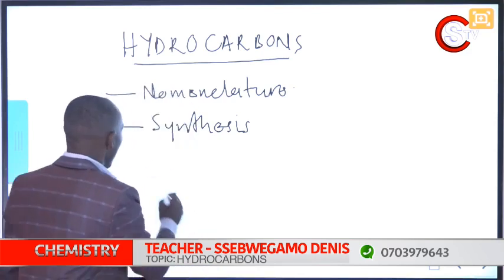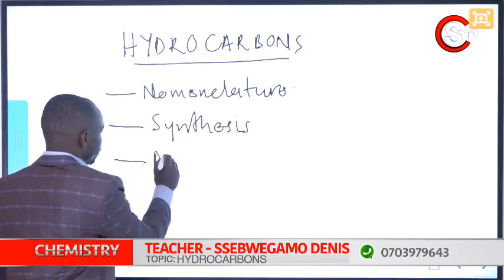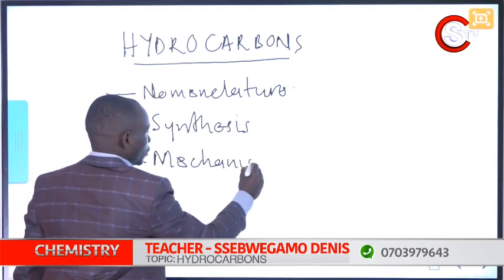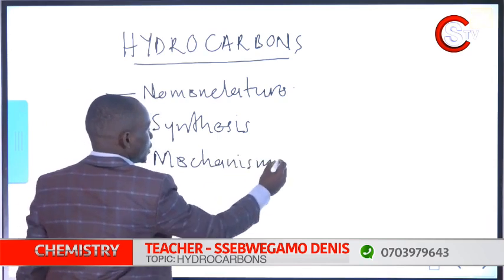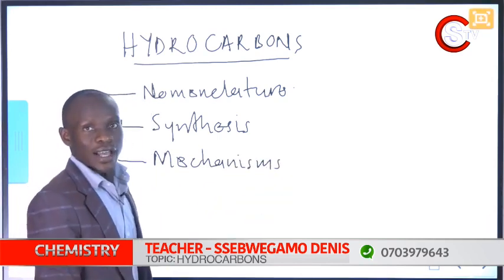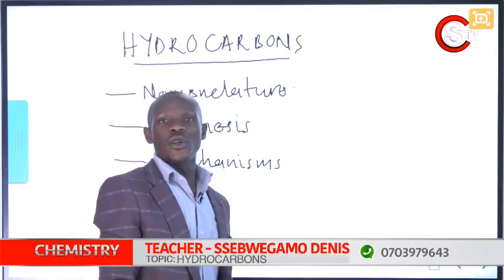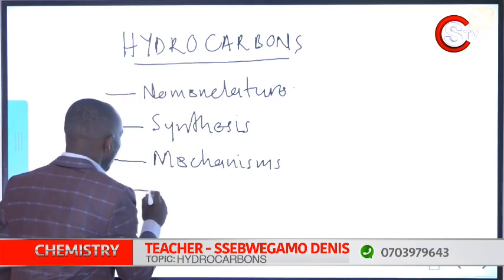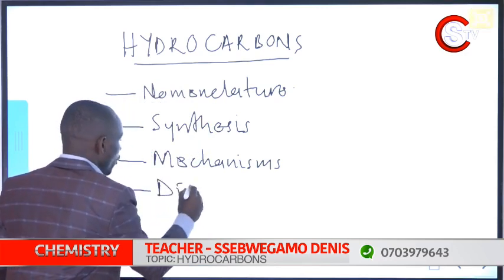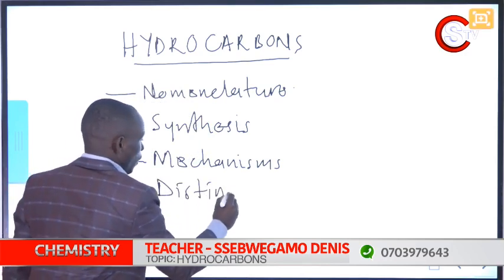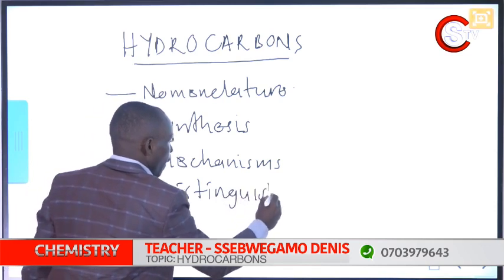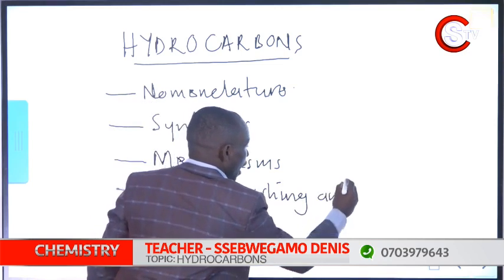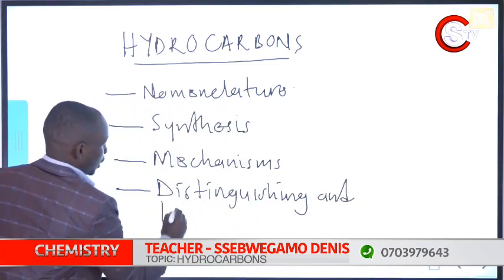Then 3, we have what we call mechanisms. And mechanisms are steps involved during a chemical reaction. Then 4, we have a concept known as distinguishing and identification.